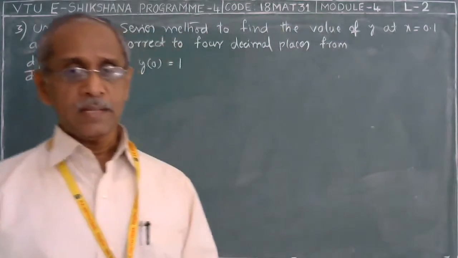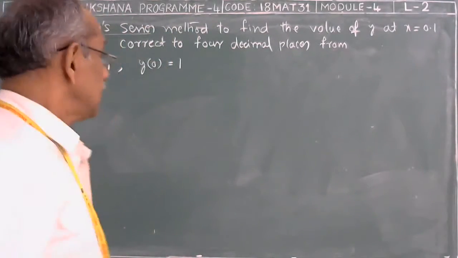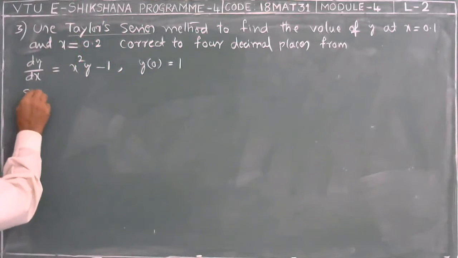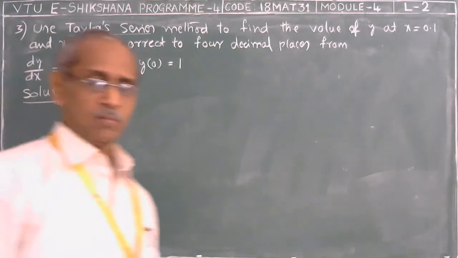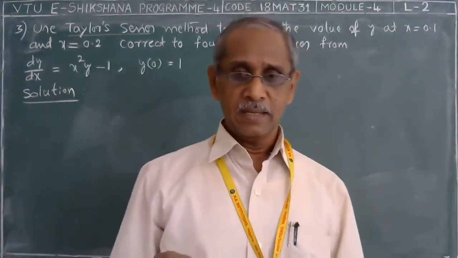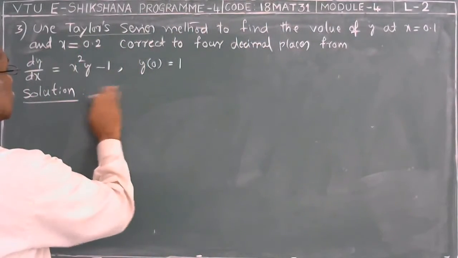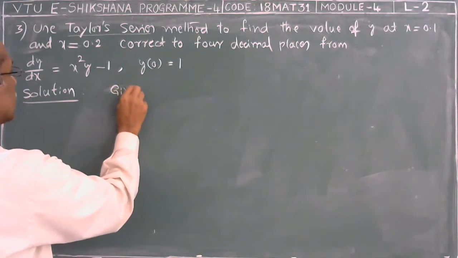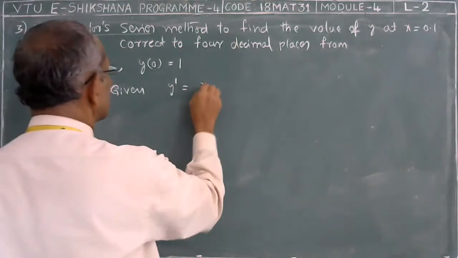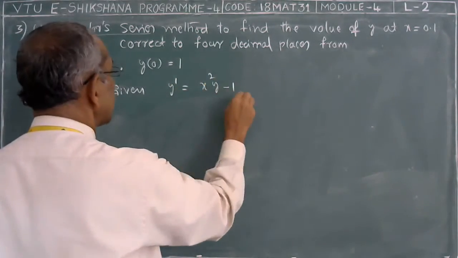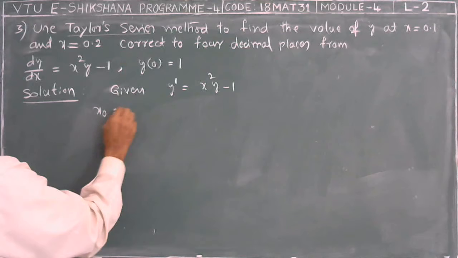to be solved numerically using Taylor's series method, which we have already discussed. So in the solution part, first let us write down what is given in the problem and also state what is to be done in this problem. Given y dash, that is the first derivative, y dash is equal to x square into y minus 1. Then x naught is given to be 0.